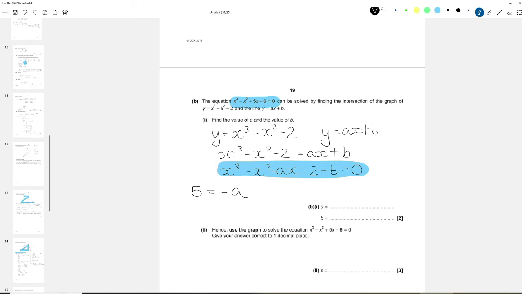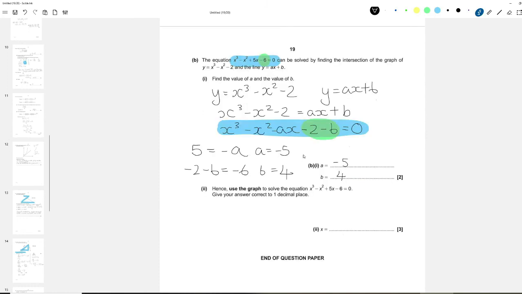And then looking at b, minus 2 minus b and minus 6 should be equal to each other as well. So minus 2 minus b should equal minus 6. Now I can solve it out. If 5 equals minus a, then a would equal minus 5. And for this one, minus 2 minus what makes minus 6? b would equal 4. So my a and b would be minus 5 and 4.